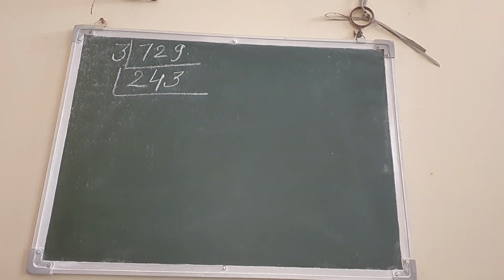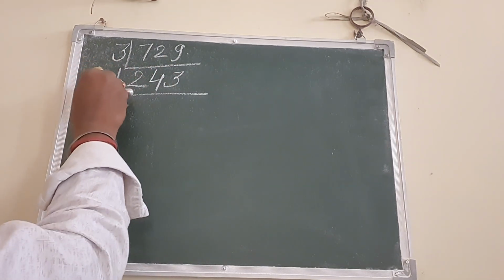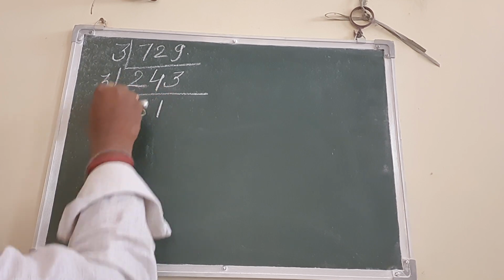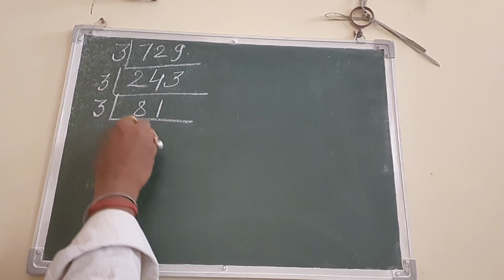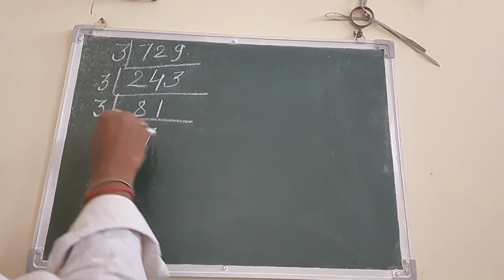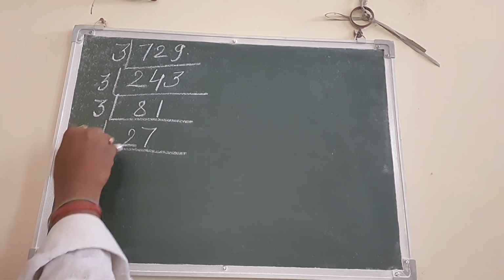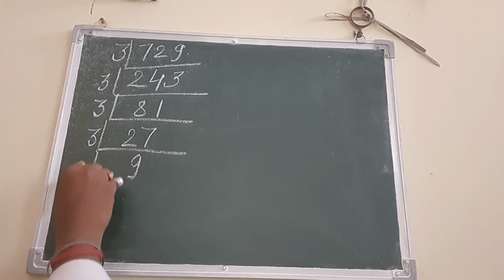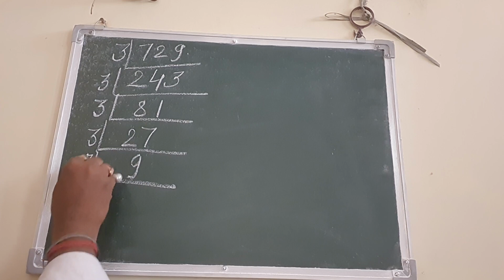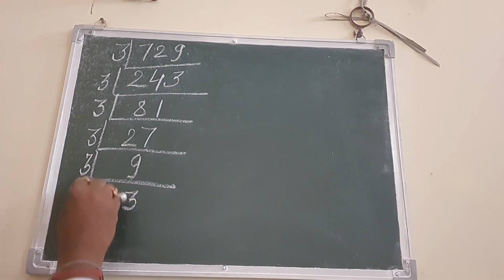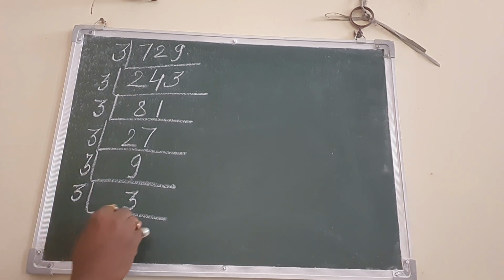So again it is divisible by 3, so it is coming out to be 81. Again divisible by 3, it is coming out to be 27. Again divisible by 3, it is coming out to be 9. Again divisible by 3, so 3 3s are 9, 3 1s are 3.